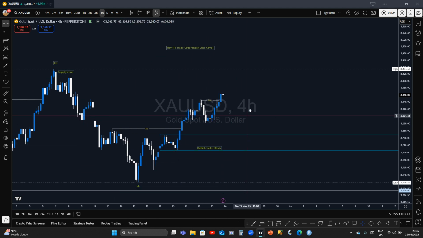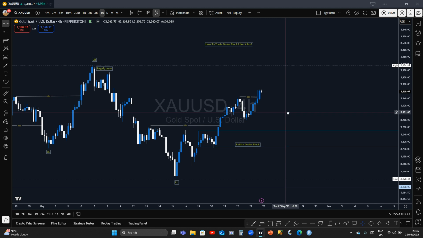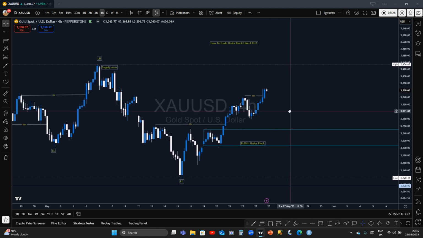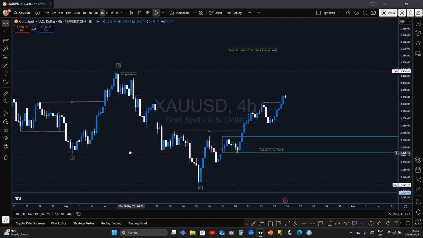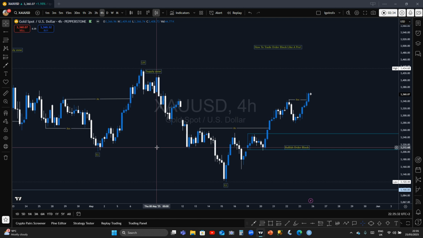All right, let me quickly show you guys one thing about order blocks. First of all, how you can identify that point where financial bodies take position. Once they are in the market, you will see it because there will be volume.